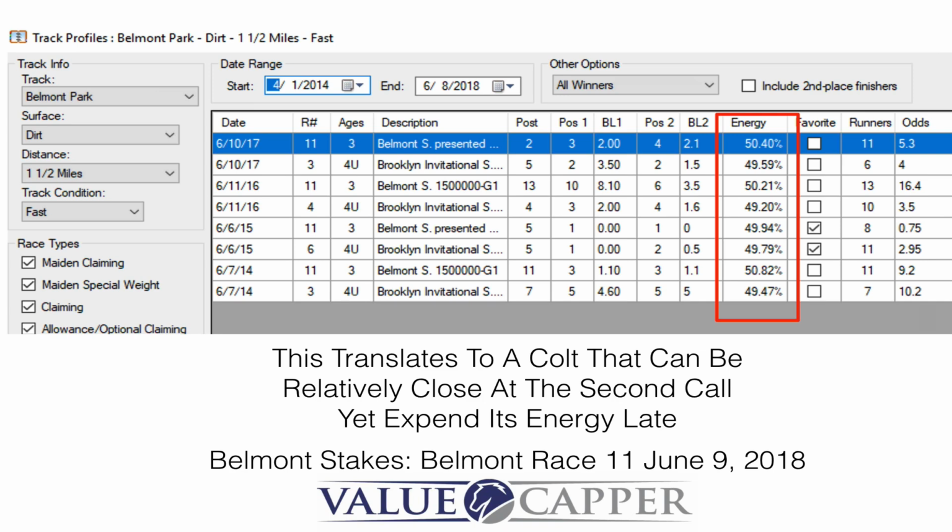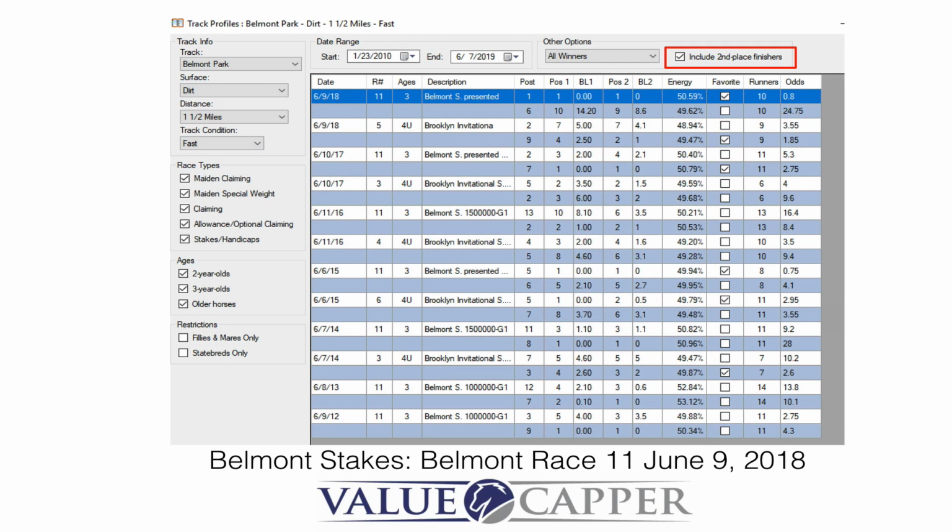And so I'm going to stop with the slides now. Before I do that, I did an interesting thing, and those of you out there who have Value Capper, I don't know if you know about this feature. There's this little checkbox up there that you can say, show me the second place finishers, because, hey, I'm interested in the exactas as well.